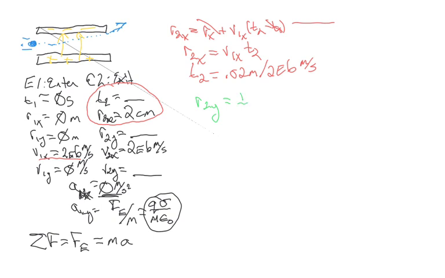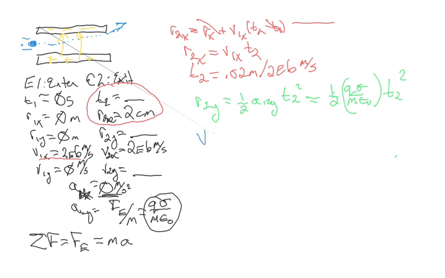So it's just going to be 1/2 the acceleration in the y direction times that T2 value that we're going to find squared. So that's going to look a little bit more involved because it's going to be 1/2 q sigma over mass epsilon naught times T2 squared. And so you'll just plug that in and solve for it.